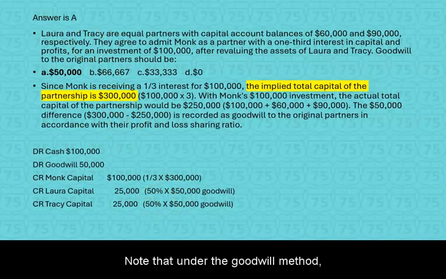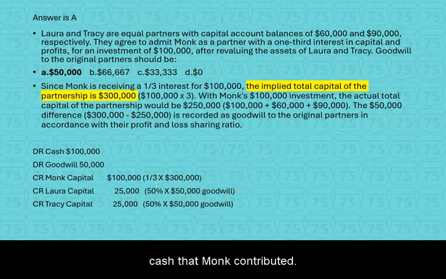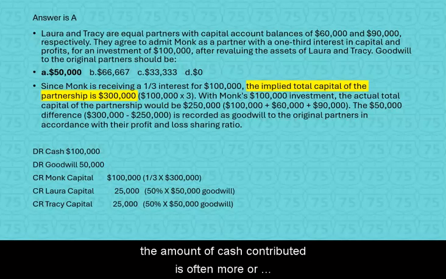Note that under the goodwill method, the amount of Monk's capital was equal to the amount of cash that Monk contributed. We didn't see that under the bonus method, because under the bonus method, the amount of cash contributed is often more or less than the capital that the partner records.